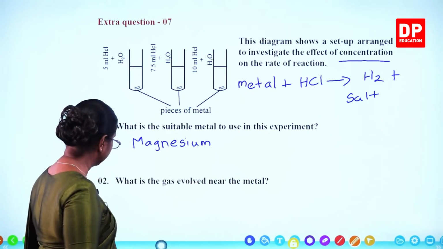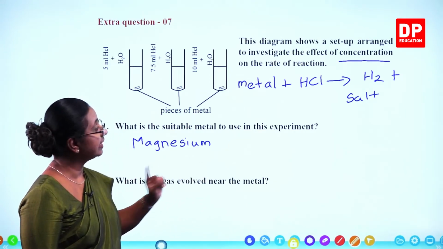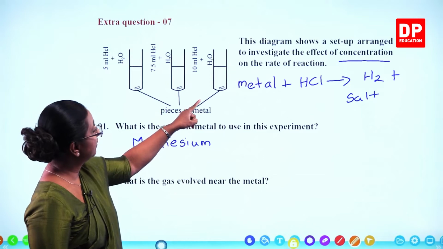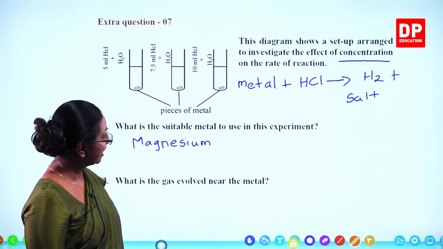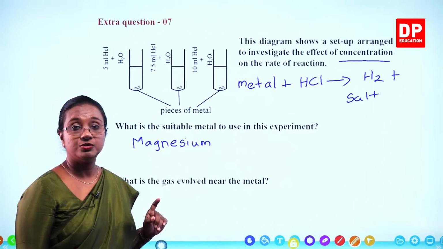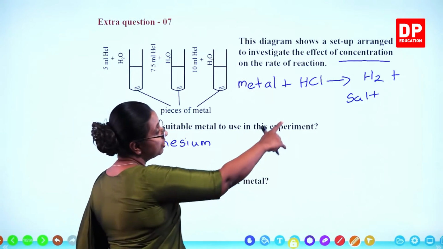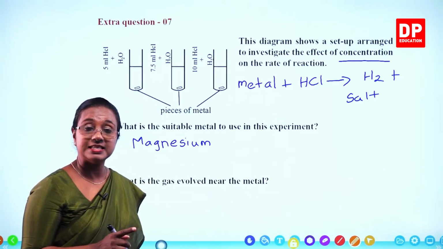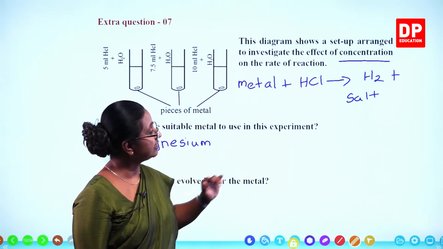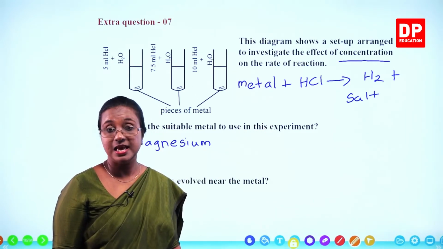That is also fine. Then the second question, what is the gas evolved near the metal? Whether it's zinc or magnesium, when it reacts with HCl, you will get H2 gas, and depending on the metal, if it is zinc, the salt will be zinc chloride, ZnCl2, and if it is magnesium, the salt will be magnesium chloride, MgCl2.